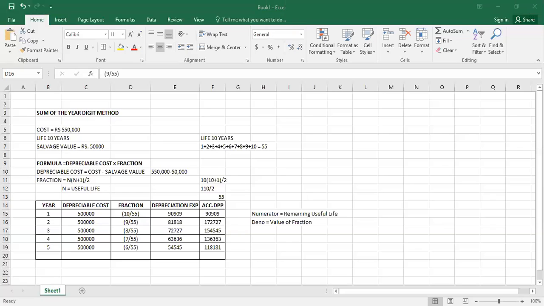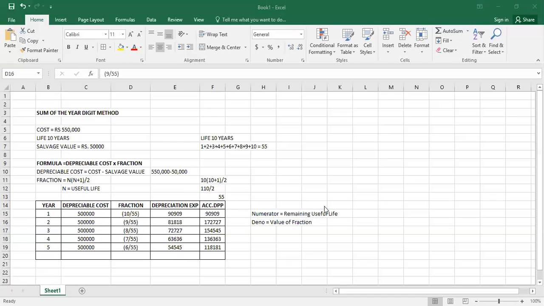Because we have already used our asset for 1 year, therefore the numerator now becomes 9, and the denominator remains the same. So 5 lakh multiplied by 9 divided by 55, you will get 81818, and the accumulated depreciation is 172727.